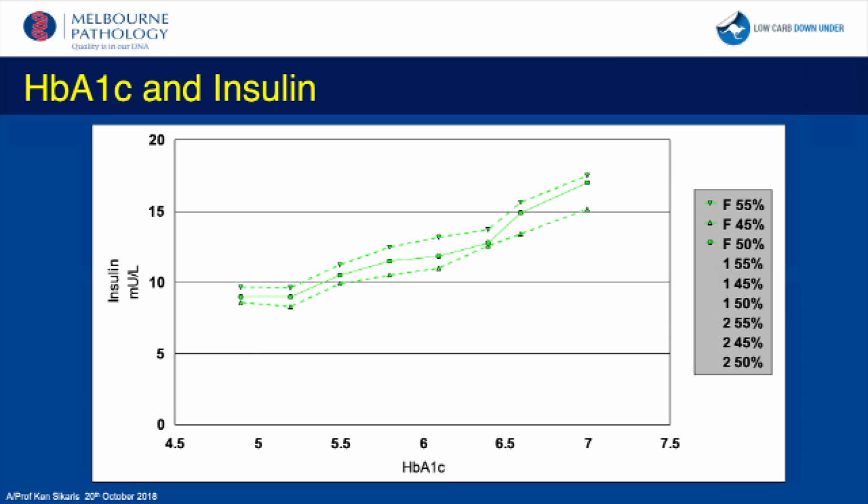Well, let's go back to insulin first. What is the relationship between hemoglobin A1c and fasting insulin? And it's a bit like glucose. The higher your A1c is, even into the diabetic range, the higher your fasting insulin is.